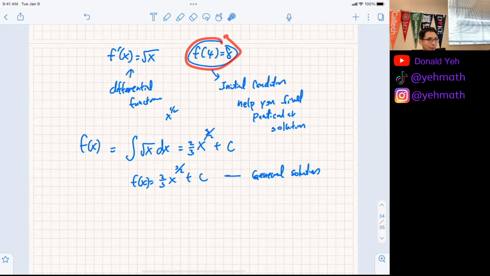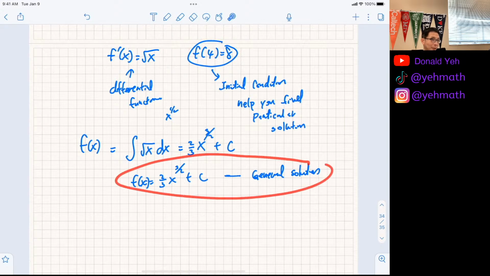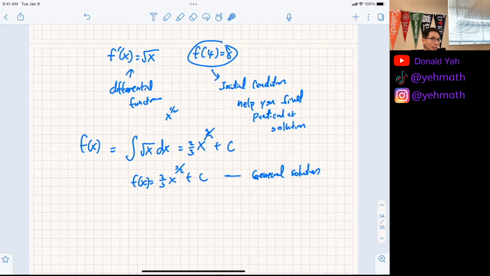In the graph, what does that mean? It's a point. Exactly, it's just a point, right? But remember, there is an infinite amount of general solutions. Infinite amount. But that point is going to dictate what that function is.